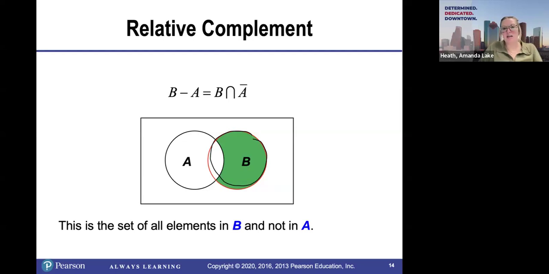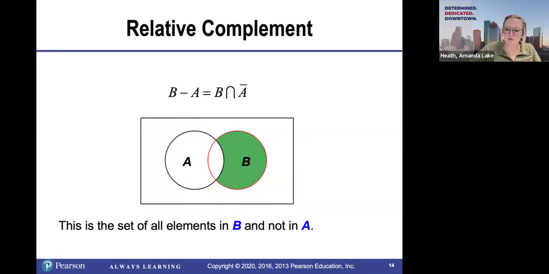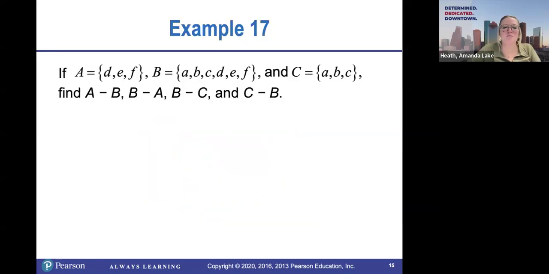So everything not in A. So remembering that the complement of A will be everything that's not in A. So when we intersect that with B, we get that green overlap part. So those two are the same set.